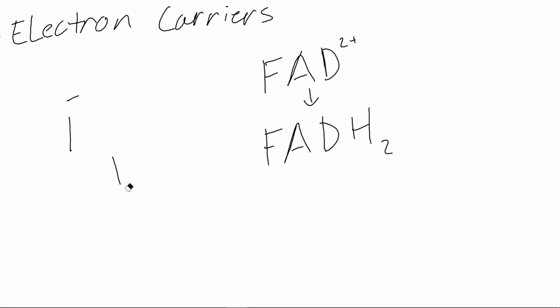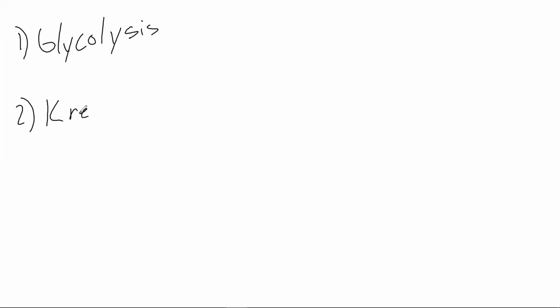But now that I've cleared all this up, let us go over how to perform cellular respiration. To perform cellular respiration, there are 3 steps. Number 1, glycolysis. Number 2, the Krebs cycle, or as it is now called, the citric acid cycle.